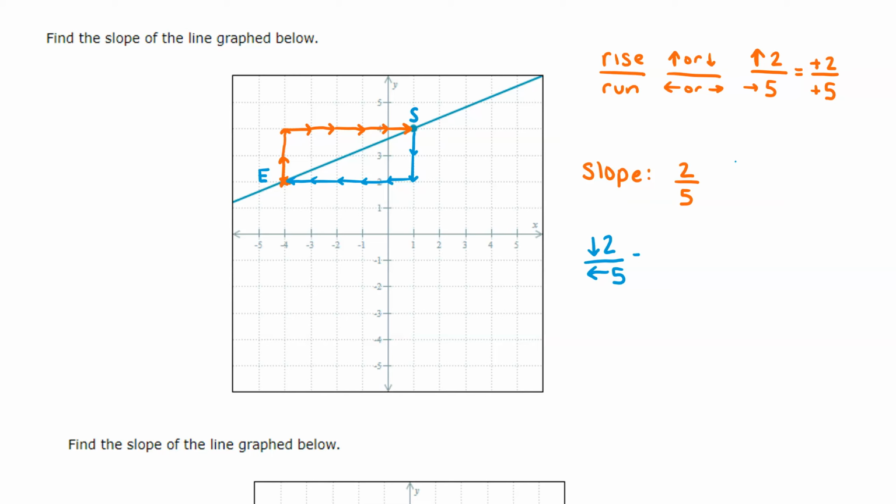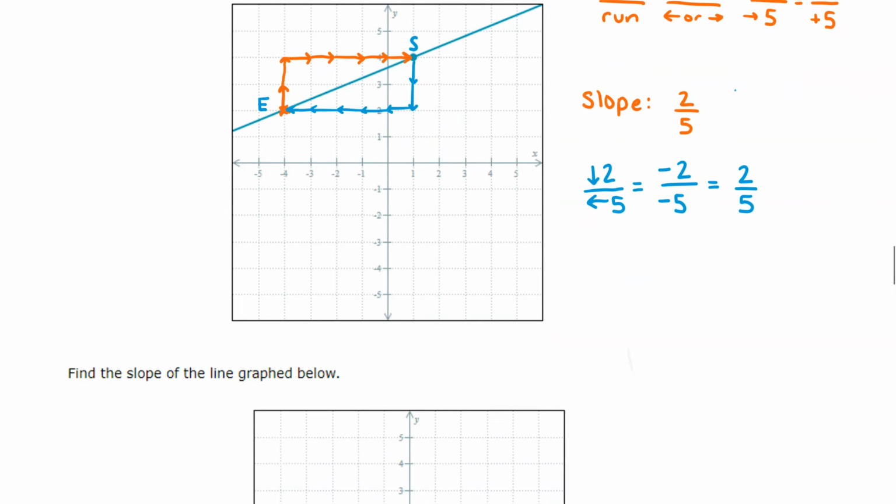So down on the y-axis is negative, so I have negative 2 over, and left on the x-axis is negative, so negative 5. Now negative divided by a negative makes a positive, so 2/5, and you see we got the same thing. So it doesn't matter which point you start at, but it matters when you connect with the left and the right, or the up and the down with the positives and the negatives.